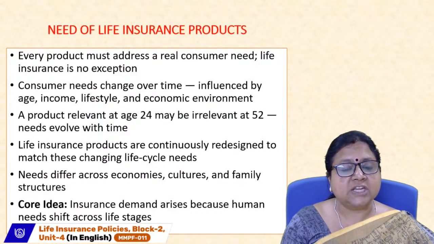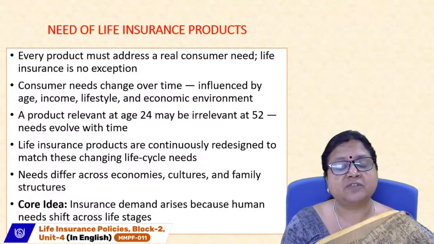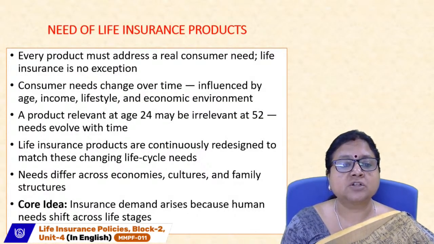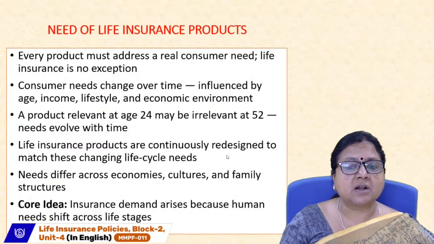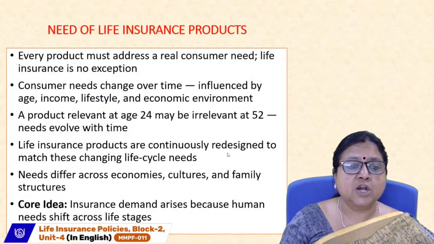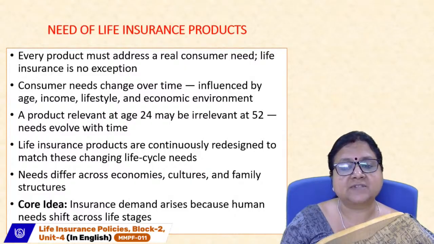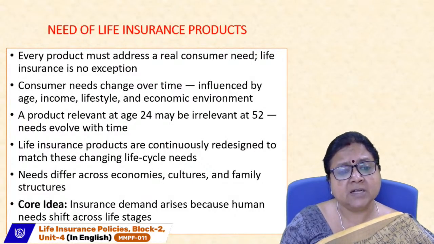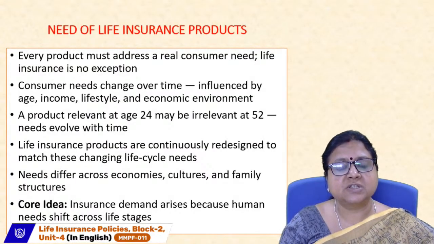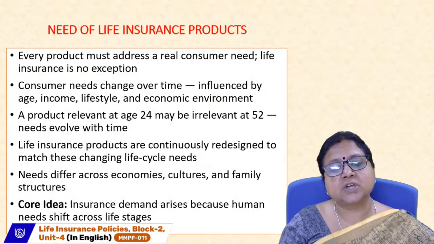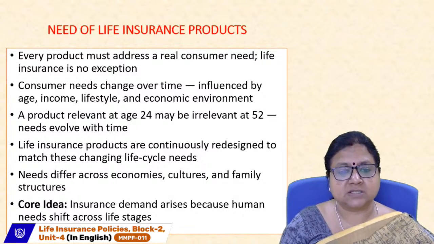So, depending on the needs of the different life cycle stages of an individual, life insurance products have been customized or designed. Life insurance products are continuously redesigned to match these changing life cycle needs, and these needs keep varying. Suppose a person who is in middle age goes to retirement age, his needs vary.